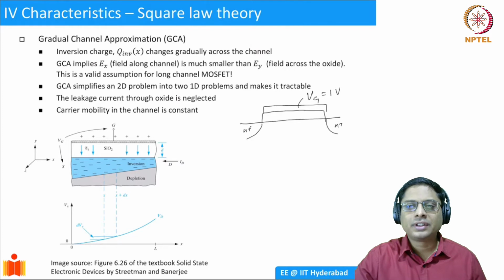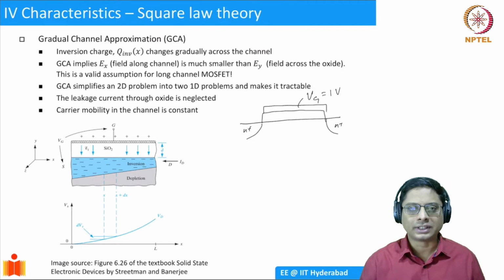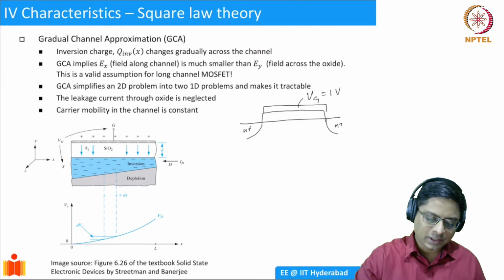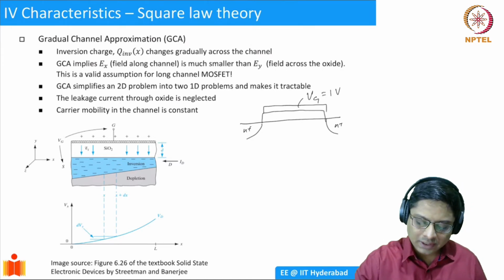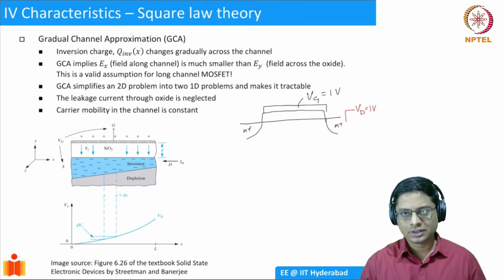Now, when VDS was 50 millivolts, a very small number, the difference between source and drain was very small. But now let us mix it up a little bit, and let's say I apply VD equal to 1 volt, almost comparable to the gate voltage. Then what happens?